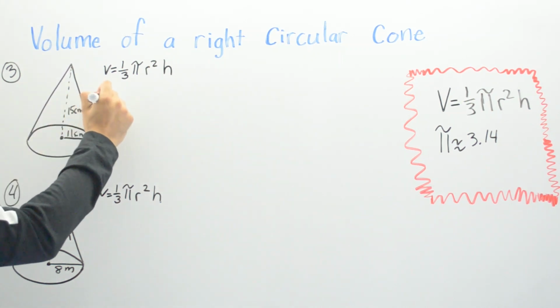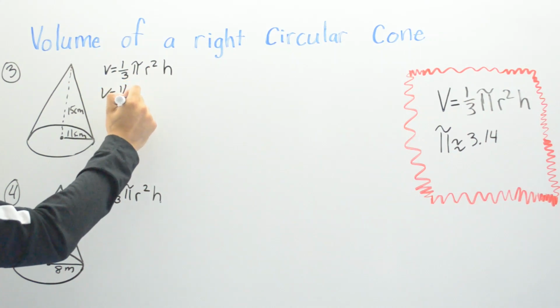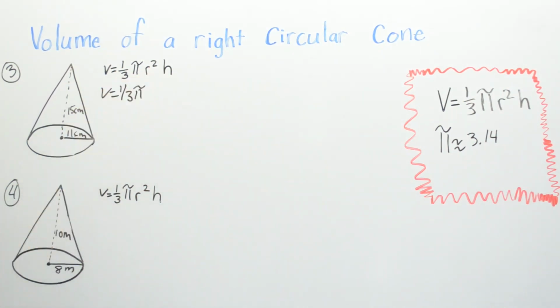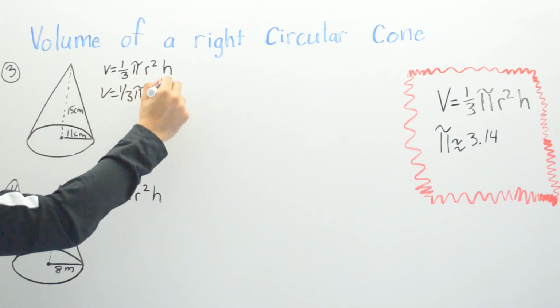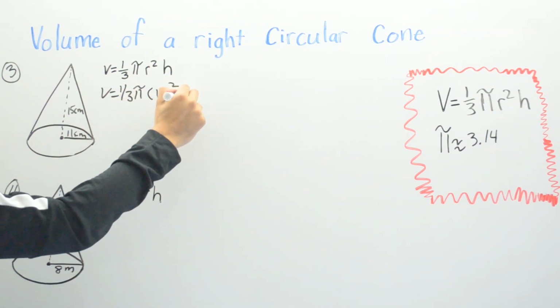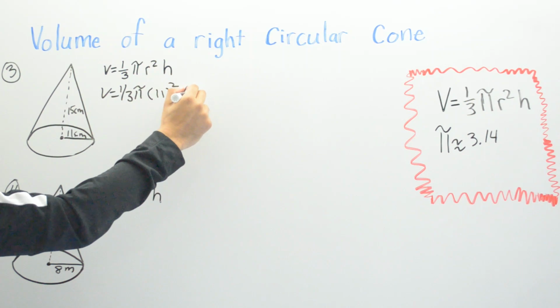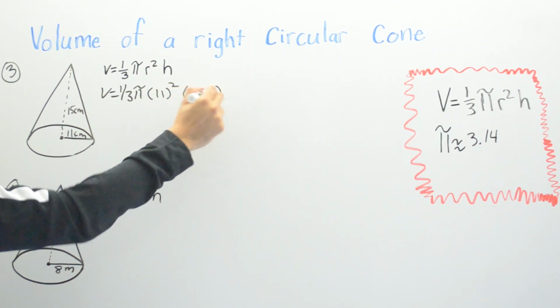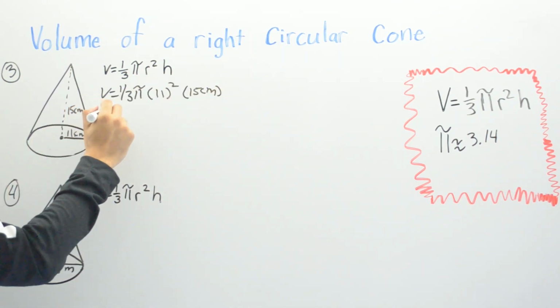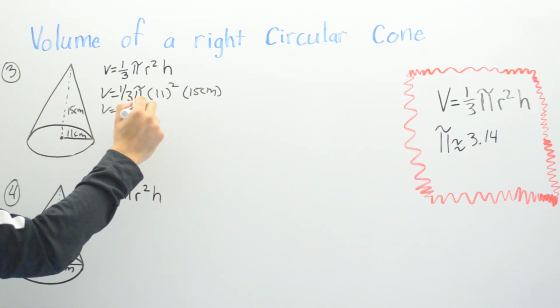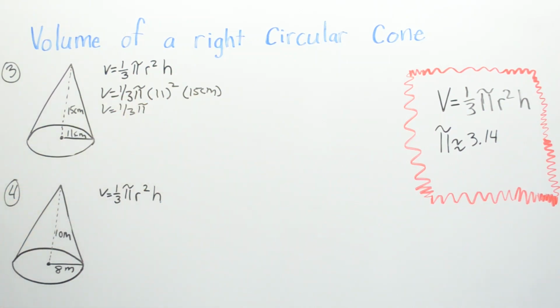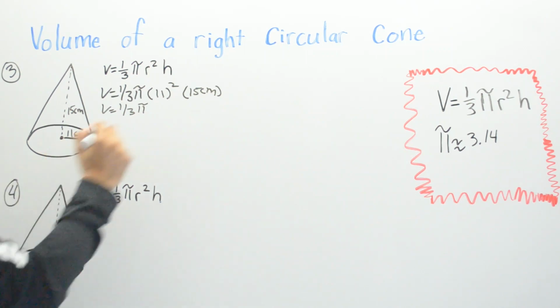So first we go V equals 1/3 pi. Just input our radius. Our radius is 11 centimeters squared times our height, which is 15 centimeters. And we have V equals 1/3 pi. Then we go 11 times 11 is 121.